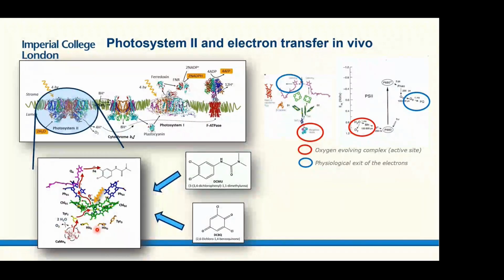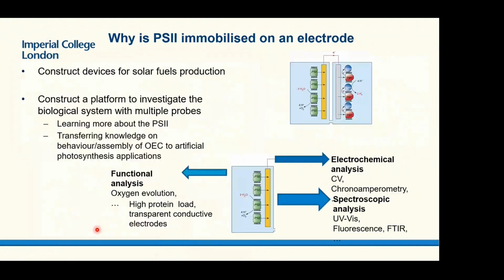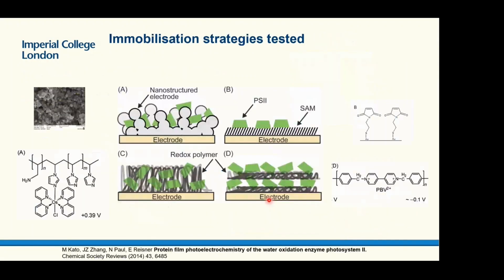So it's quite difficult to do these studies in solution. One idea is that if you immobilize on the surface, you have a vectorialized system. You take electrons all in one direction, so you can study the other reaction without problems of electron leakage going around and short-circuiting the system.